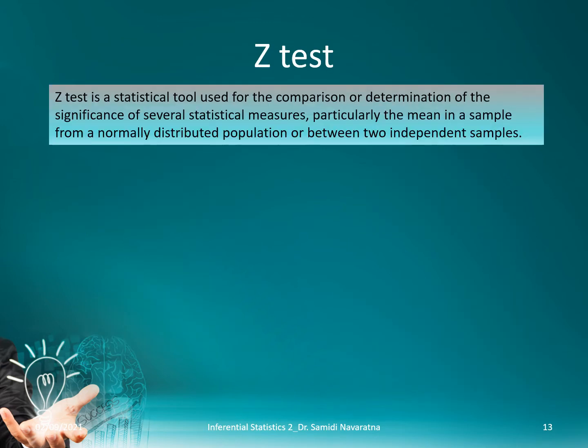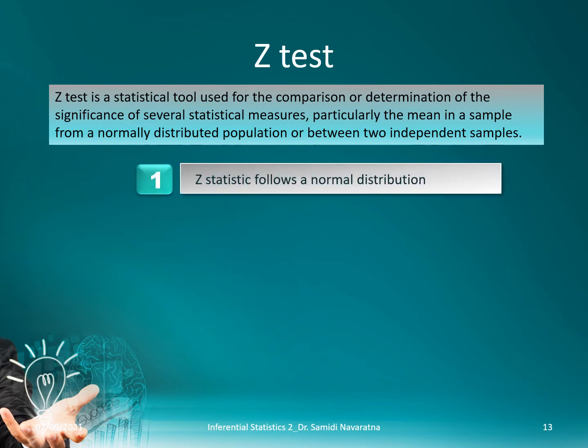Moving on to the Z test. Z test is a statistical test used to determine whether two population means are different when the variances are known. So therefore, it is a hypothesis test. Some key factors you should know. First one is a statistic follows a normal distribution.